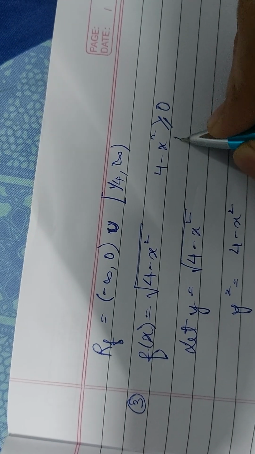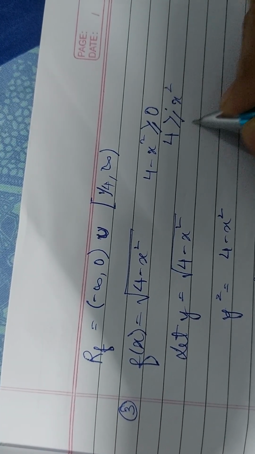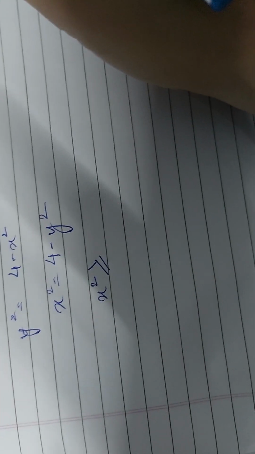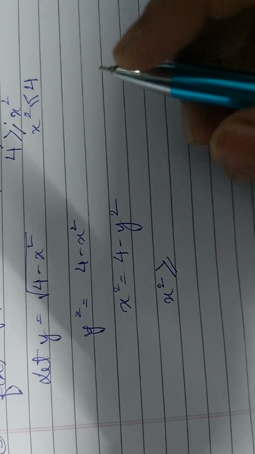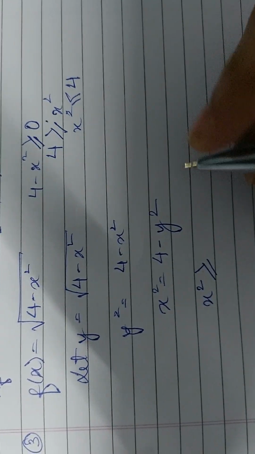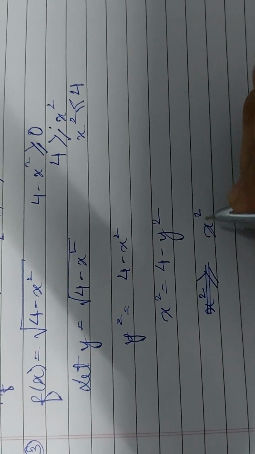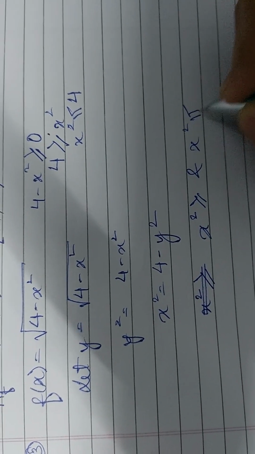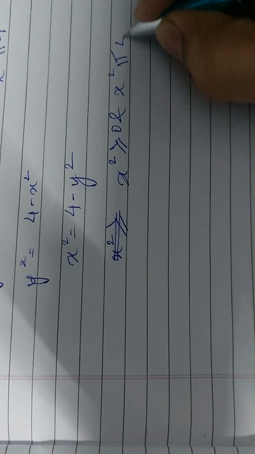That means 4 is greater than or equal to x square, or x square is less than or equal to 4. So x square is greater than or equal to 0 and x square is less than or equal to 4.